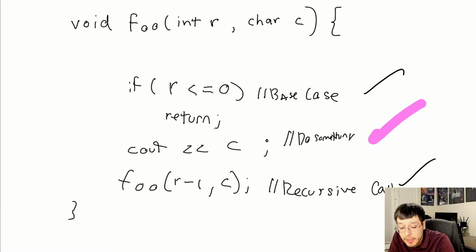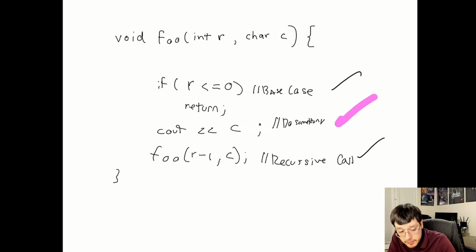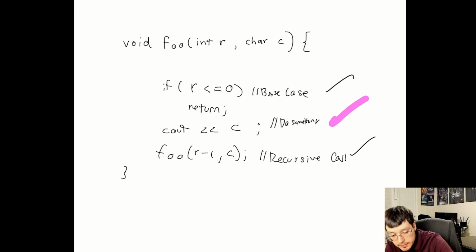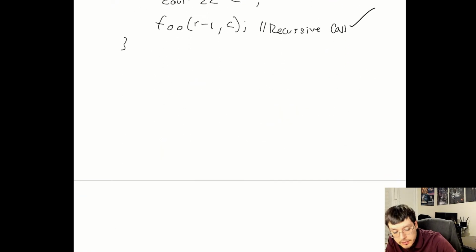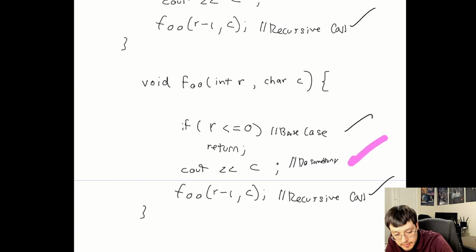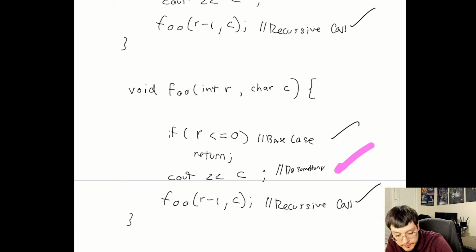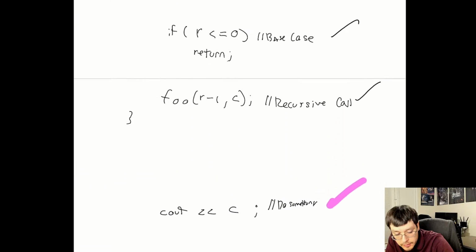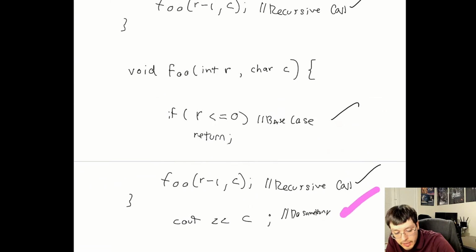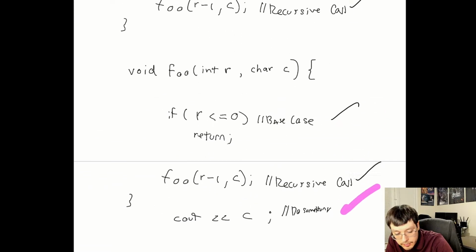Now, what if I were to put this at the bottom? Let's see what would happen then. So instead of doing it like this, let us move this to the complete bottom of the code after the recursive call.